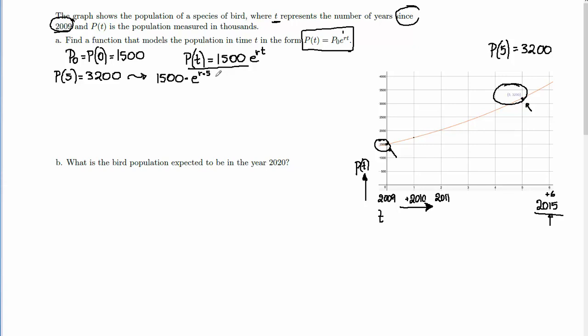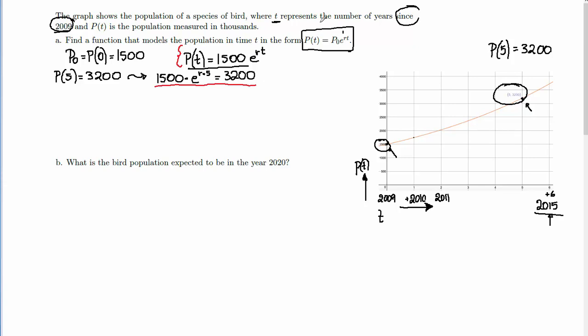Okay, good. So this is equal to 3200. So now if you look at this equation, you can observe that the only number that you don't know is r. So if we solve this equation for r, then we will know everything about the function.